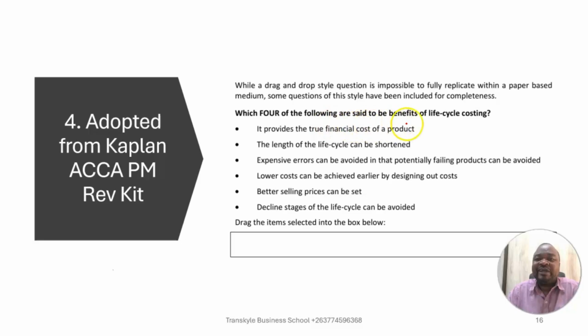All right, so let us look at this particular problem. Which four of the following are said to be benefits of life cycle costing? Number one, it provides the true financial cost of a product.